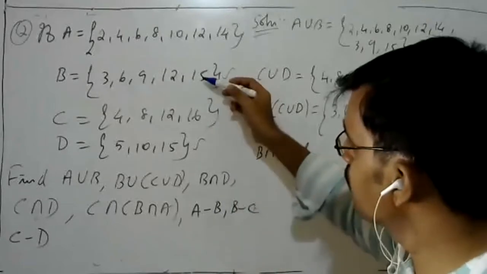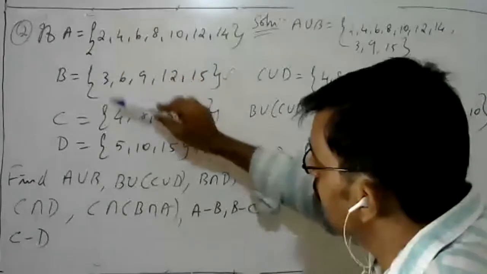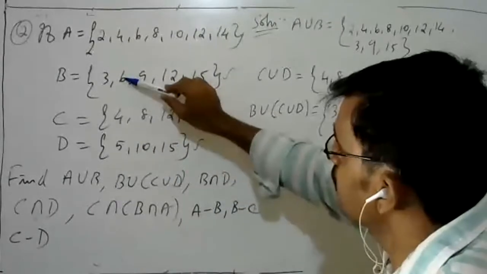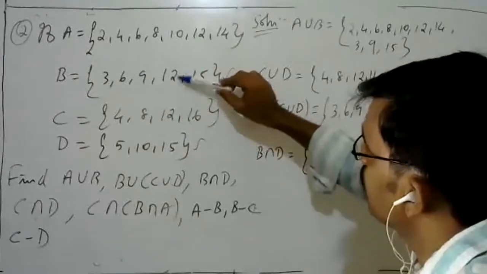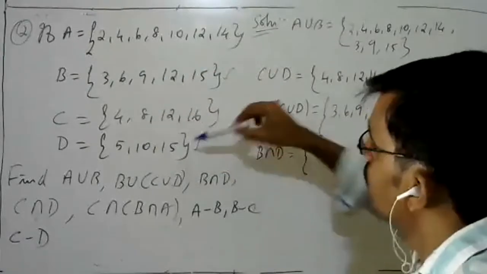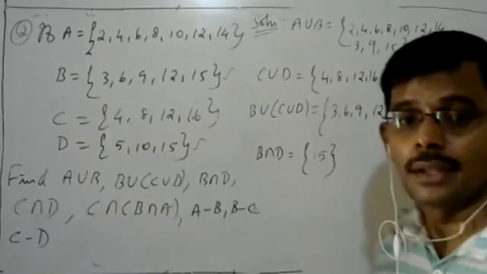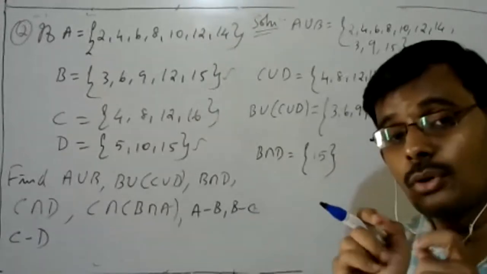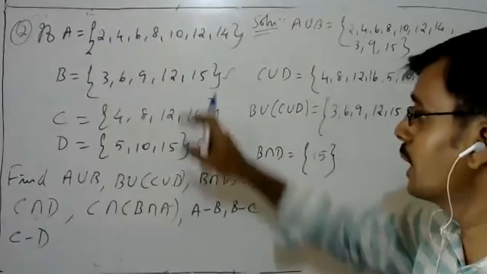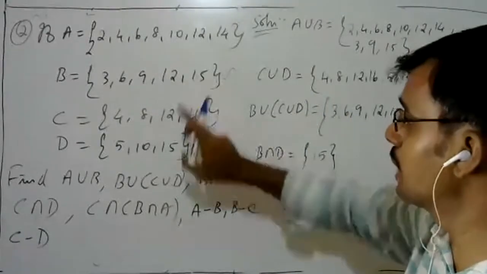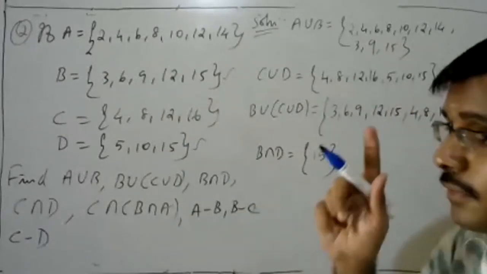What are the common elements of B and D? 3 is here, not there. 6 is not there. 9 is not there. 12 is not there. 15 is there. Common elements should lie in both B and D. So 15 only lies in both. B intersection D is 15 only.